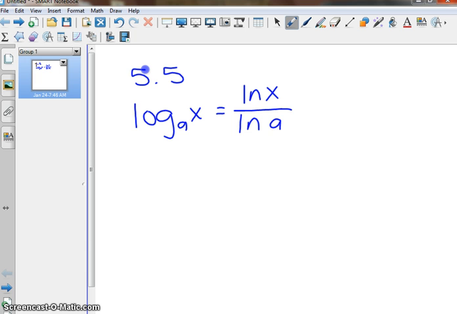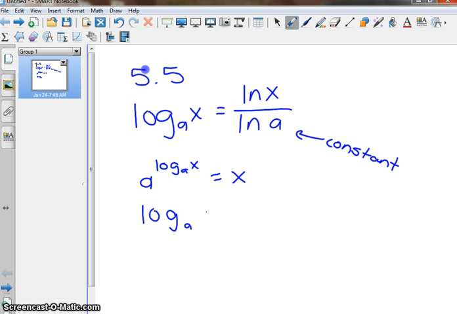Now keep in mind, this denominator here is just a constant. And the good news is you already know how to take the derivative of natural log of x. The other thing I'd like to remind you of is some of your properties. If you have a raised to the log base a of x, you get x. And if you have a log base a of a to the x, you get x.